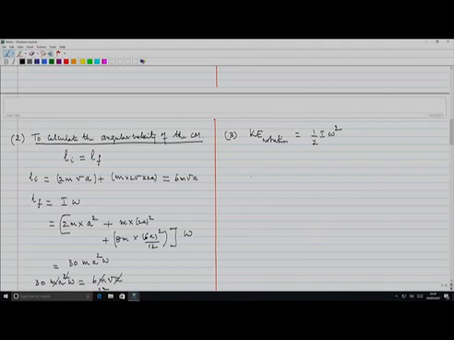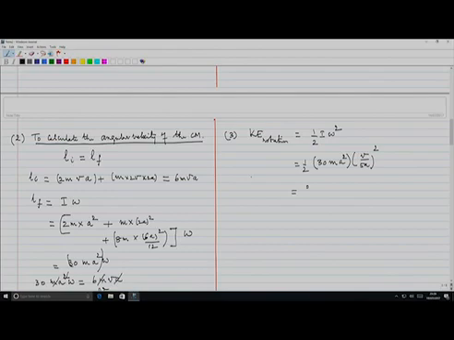So this is equal to half into the moment of inertia we calculated earlier, 30 ma squared, times omega squared, v by 5a the whole squared.